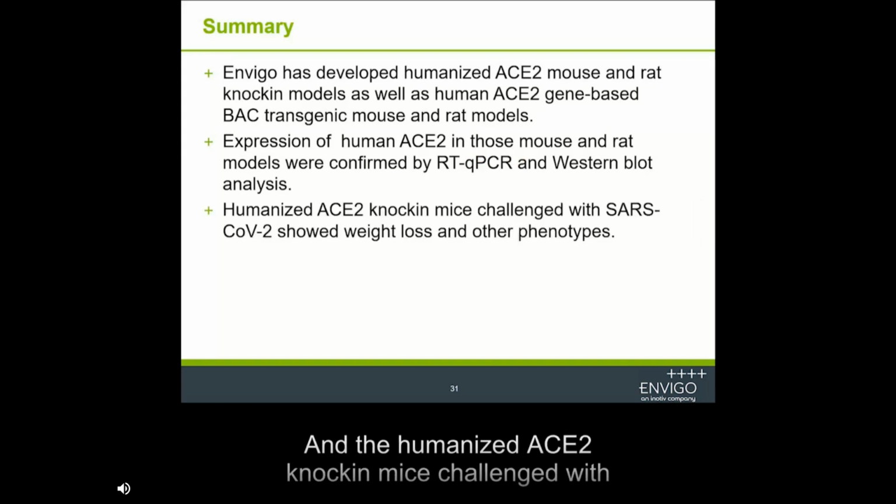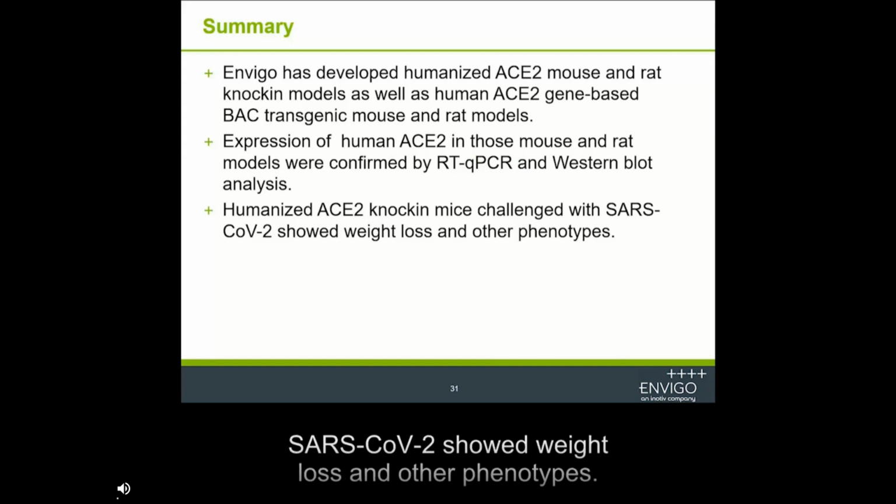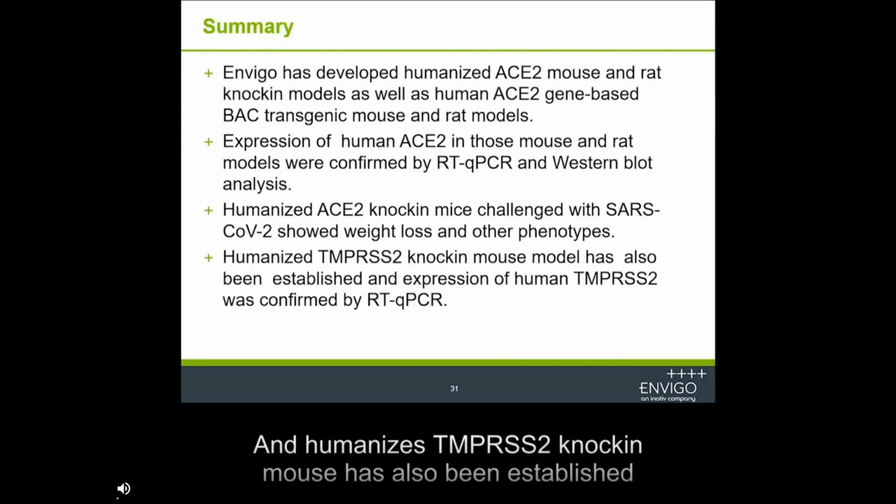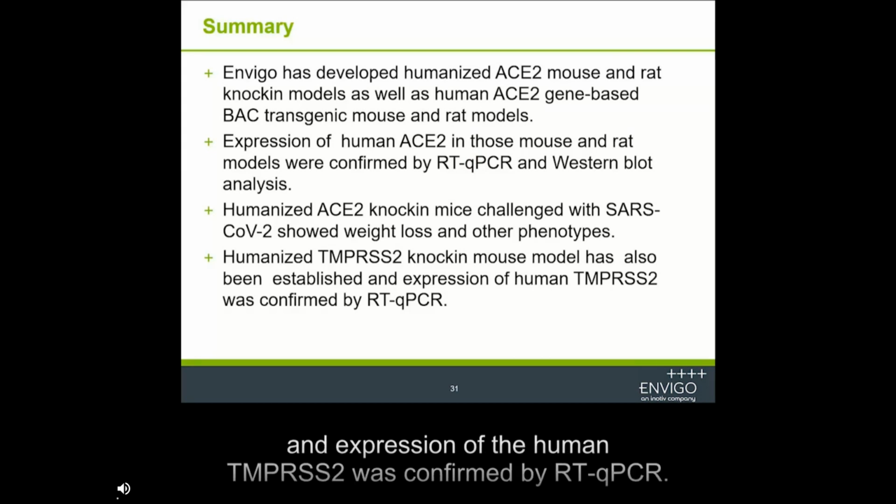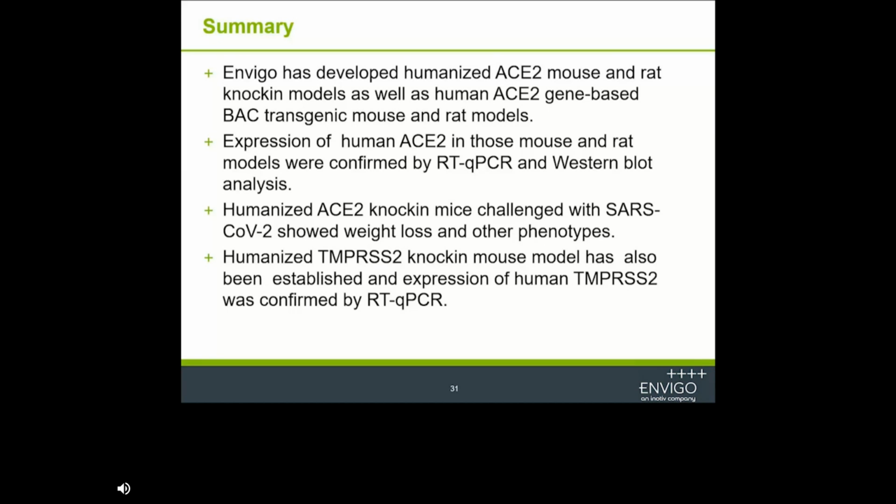The humanized ACE2 Knockin mice challenged with SARS-CoV-2 showed weight loss and other phenotypes. And the humanized TMPRSS2 Knockin mouse has also been established, and expression of human TMPRSS2 was confirmed by RT-qPCR.